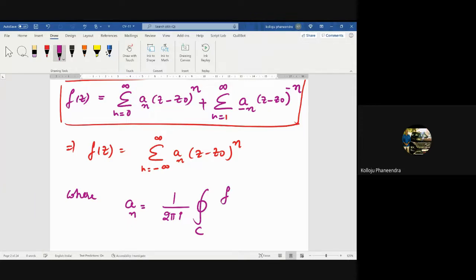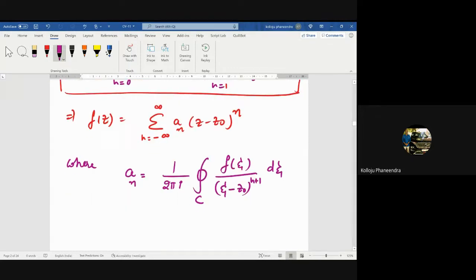C, f of xi, instead of z I will take xi. f of xi by (xi minus z naught) to the power n plus 1.